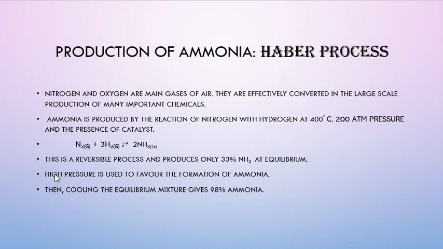Here high pressure is used to favor the formation of ammonia. When the chemist knows that if we are increasing the pressure, then the reaction is going to proceed in the forward direction and more ammonia is going to be produced.